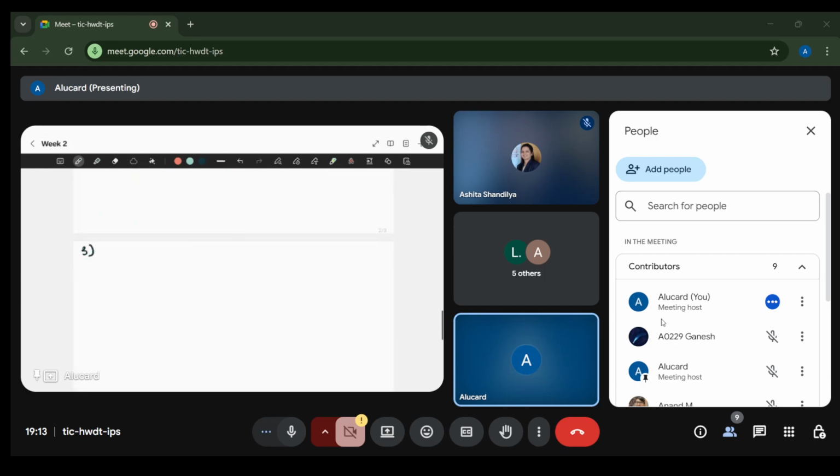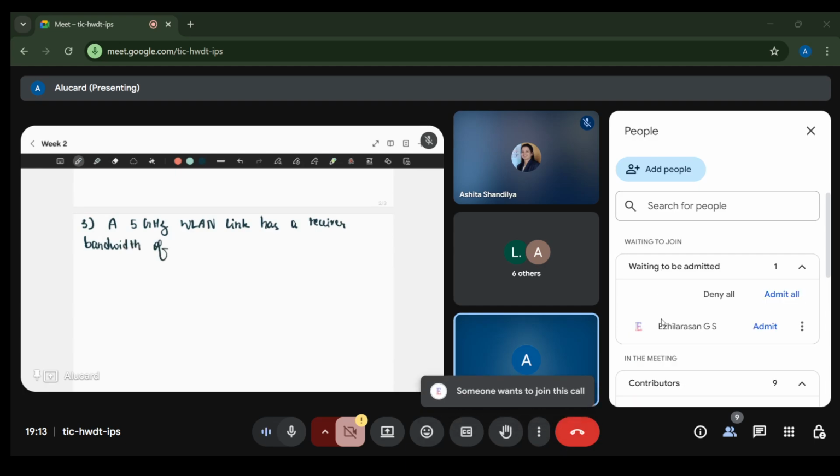Question number 3. You have a 5 gigahertz WLAN link. A 5 gigahertz WLAN link has a receiver bandwidth of 20 megahertz.